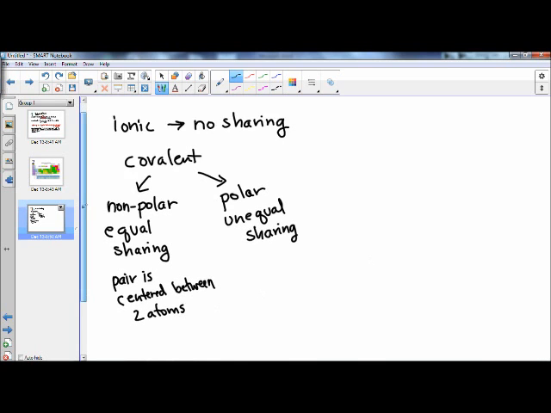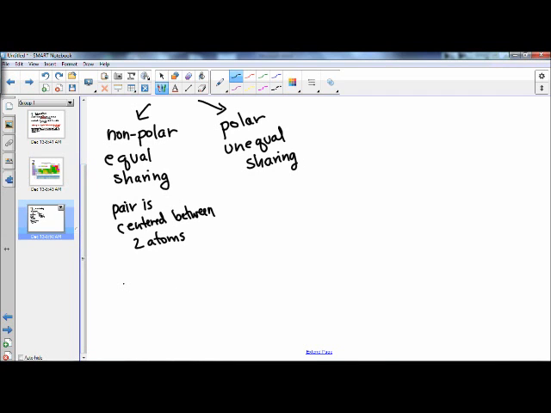So if I was going to draw a picture of a molecule, here's the nucleus of atom 1, and here's the nucleus of atom 2, and this is going to be my electron cloud. I know it looks kind of funny. It's just a model, a representation. So the shared pair would be somewhere in the middle, okay? They have an equal opportunity to be close to either nucleus.